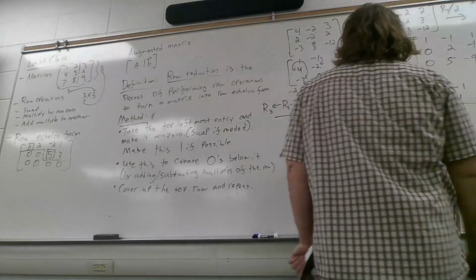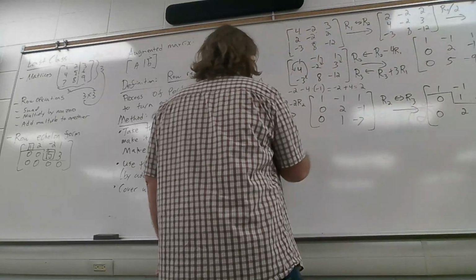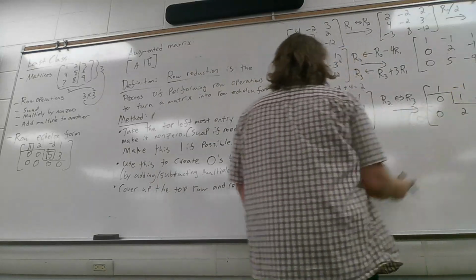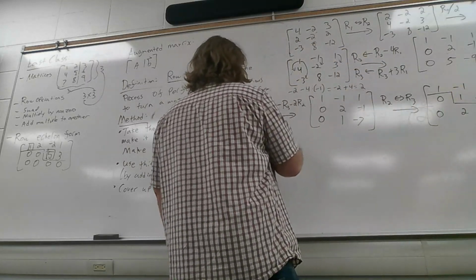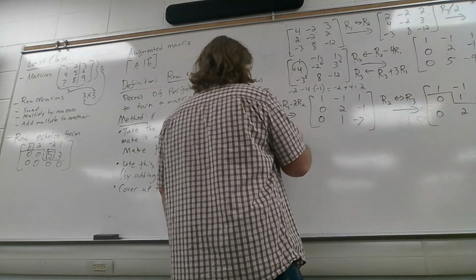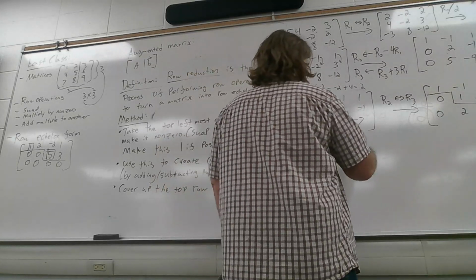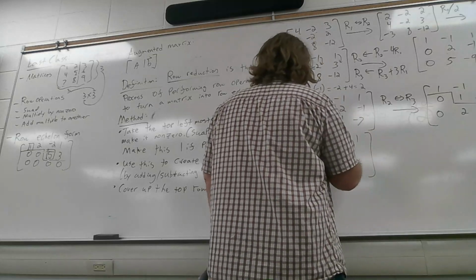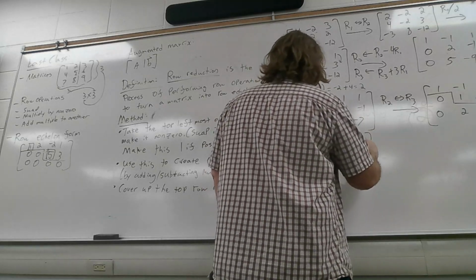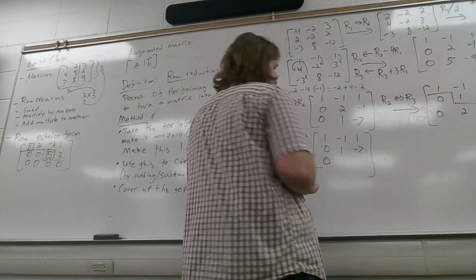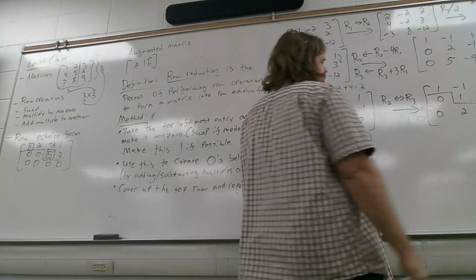Okay, so let's go ahead and do that. So we just want to subtract 2 times this from this. So row 3 will become row 3 minus 2 row 2. 0, 1, minus 7. We didn't touch that. All right, now this is where we change things.